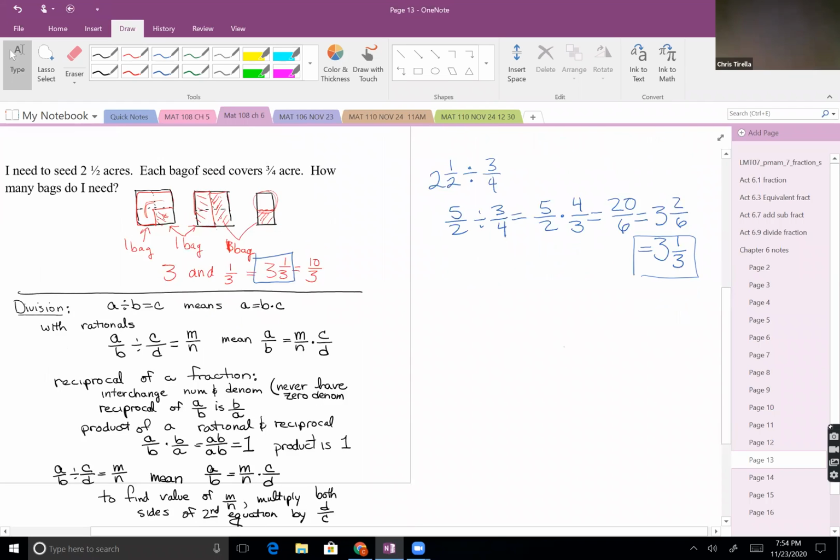So to divide by a fraction, we can look at using manipulatives, how many blocks go in there type of thing, or using that definition of a reciprocal, we can show that we're going to multiply by the reciprocal.